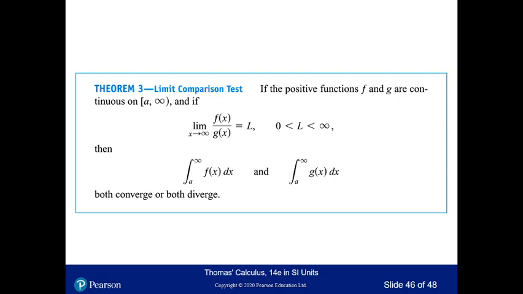If the ratio L is a finite number, then they behave the same, because they differ only by a constant in the infinity. So their integrals are going to act similarly. If one converges, the other converges. If one diverges, the other diverges.